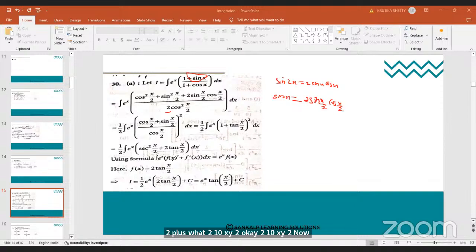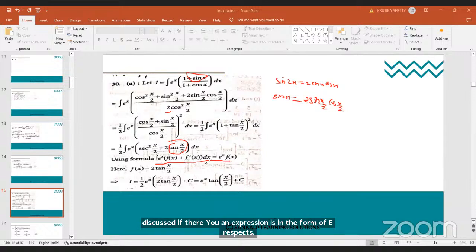Now we can see the first function is tan x by 2, and we know the derivative of tan x by 2 is secant square x by 2 into 1 by 2. By using the formula we just discussed, if the given expression is in the form of e raised to x into f of x plus f dash of x, dx, it will be equal to e raised to x f of x.